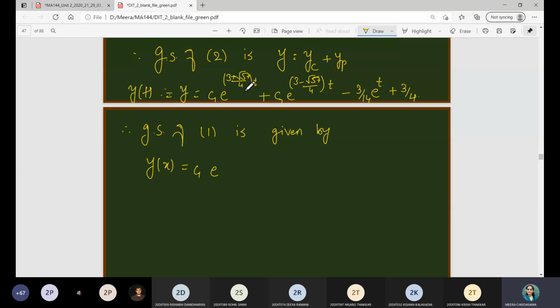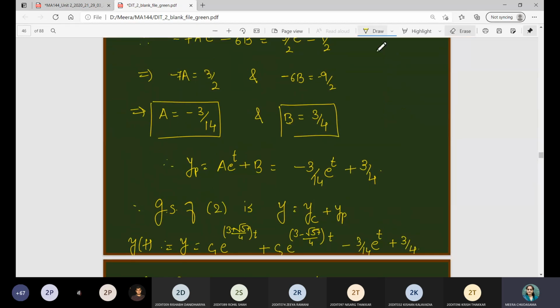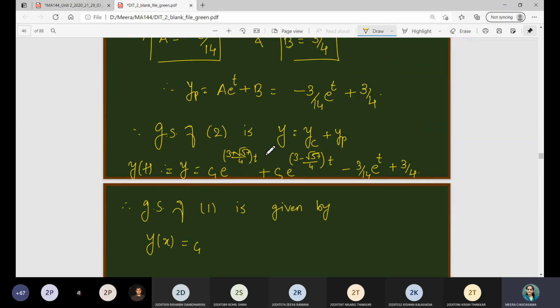So this will become a power of 2x plus 3. Okay, if you are confused, can I write this quantity as, for those who have confusion, I can write this as e raised to t times (3 plus square root of 57)/4. Yes or no? I am talking about only this quantity.